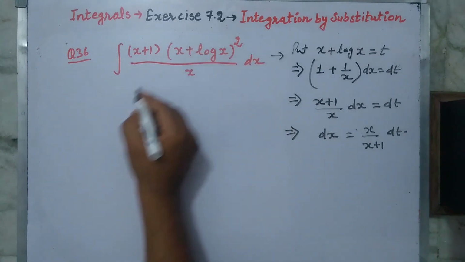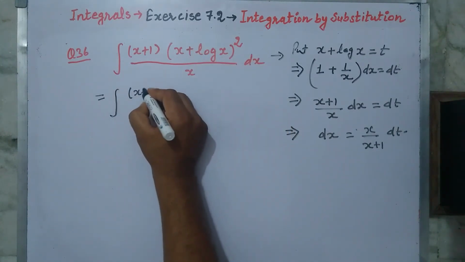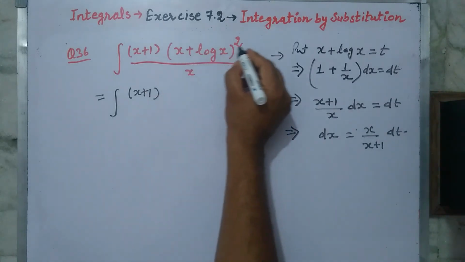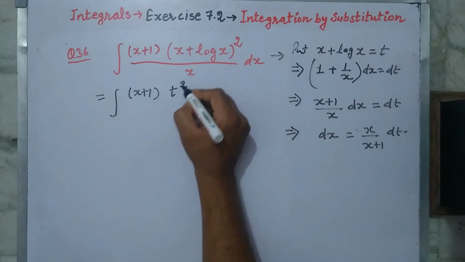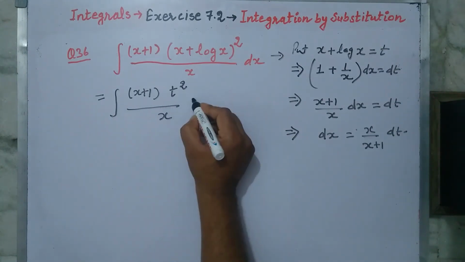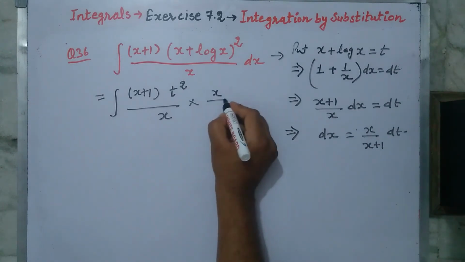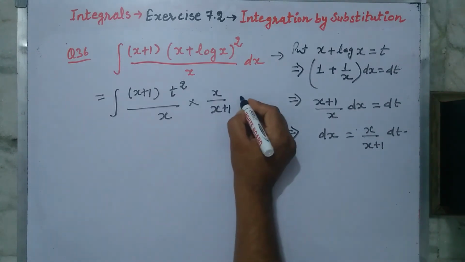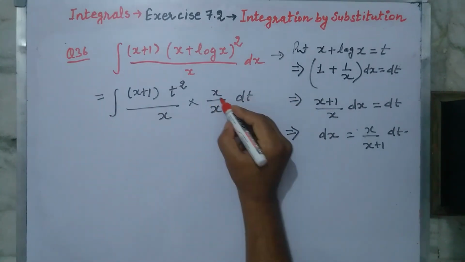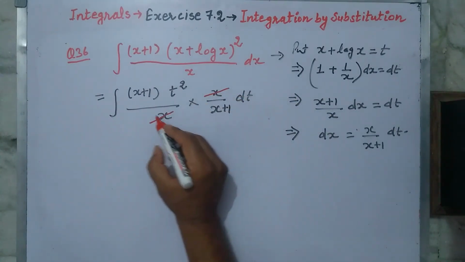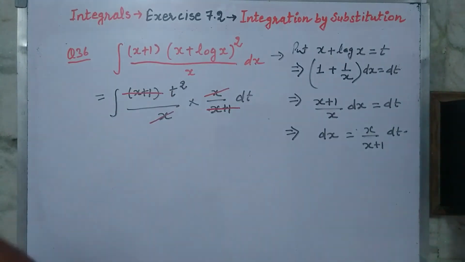So this question becomes x plus 1 into x plus log x, which is t, whole square upon x, into dx, meaning x upon x plus 1 into dt. So we see now this x cancels with this x, and x plus 1 cancels out.